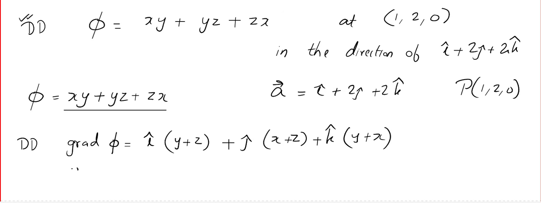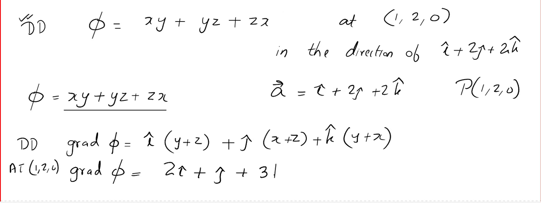Okay, so what is the gradient or the directional derivative at 1, 2, 0? What should you do? You have to put x equal to 1, y equal to 2, z equal to 0. I got 2i plus j plus 3 times k.